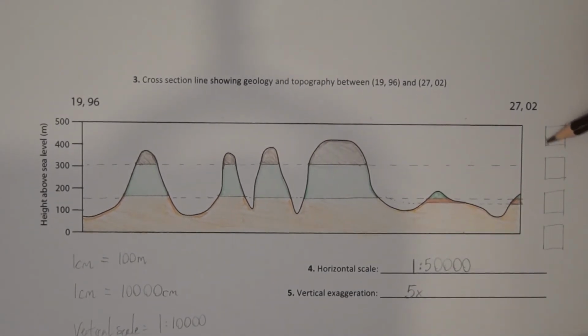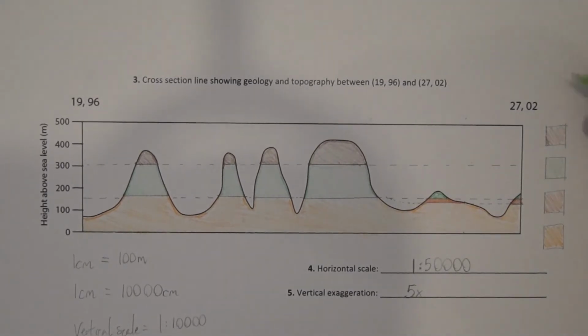So at the top here, we've got our clay with flints, which sit on top of our green sand, which sit on top of our rhyolitic beds, at least in some parts of the area, and our Kuiper marls.